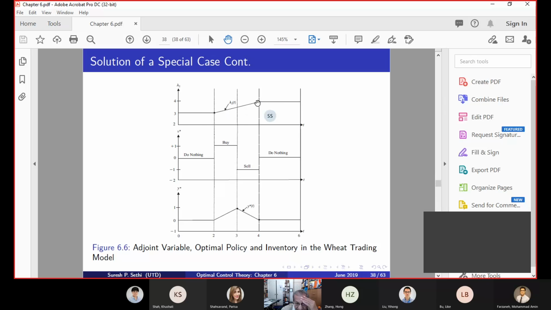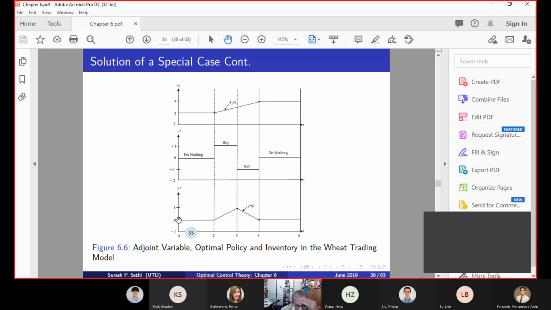Because lambda here is bigger than the price, in this interval I buy. Because lambda here is smaller than the price, I sell. And because lambda 2 is equal, I do nothing. So that's our control. That's our lambda.